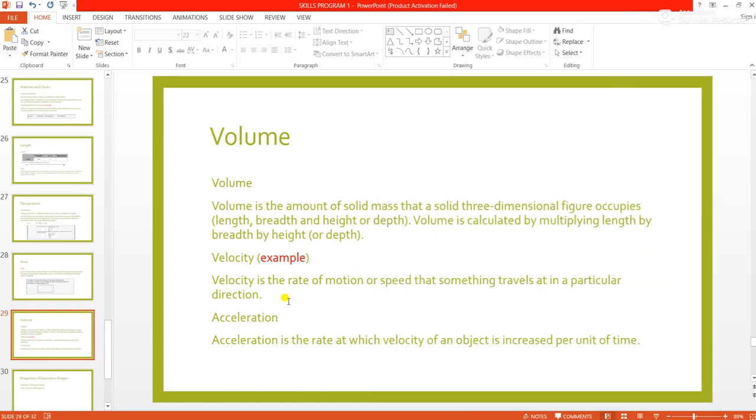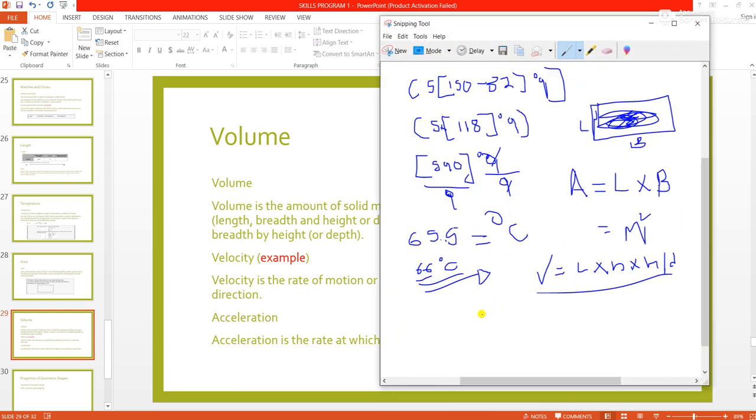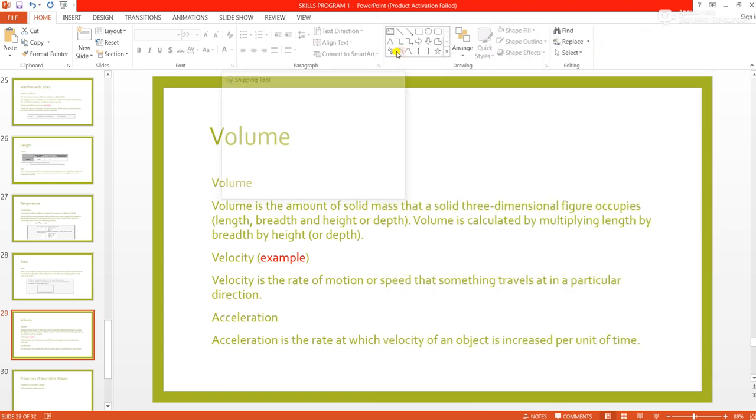Velocity is the rate of motion or speed that something travels at in a particular direction. So I have an example for that.